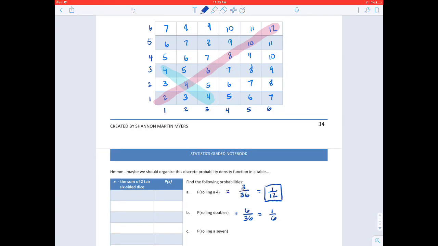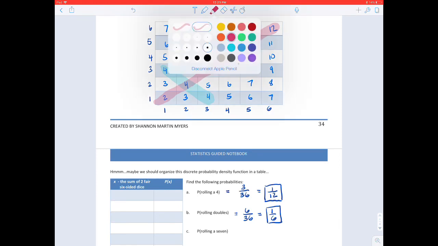Well, next up, we have the probability of rolling a 7. If you've ever played craps, you know this. Let's look at how many ways we could roll a 7.